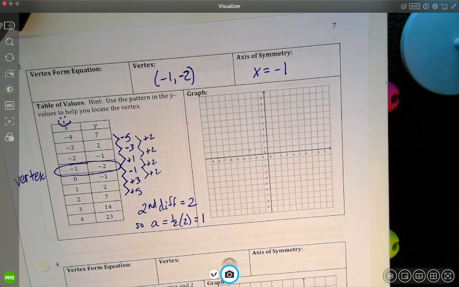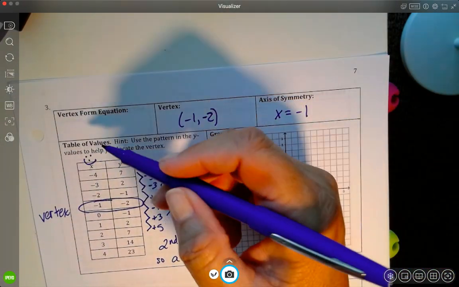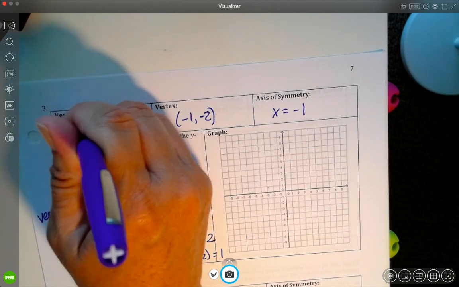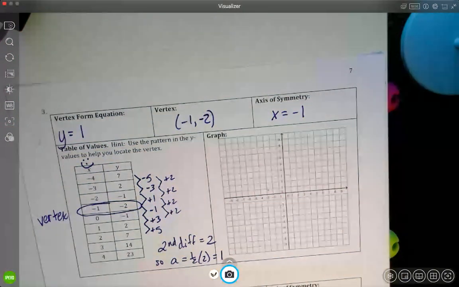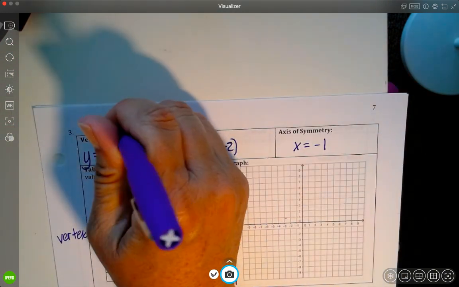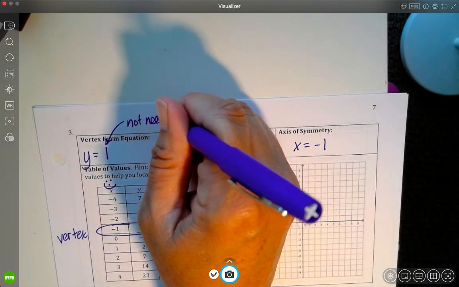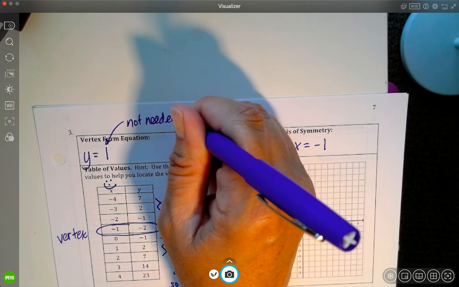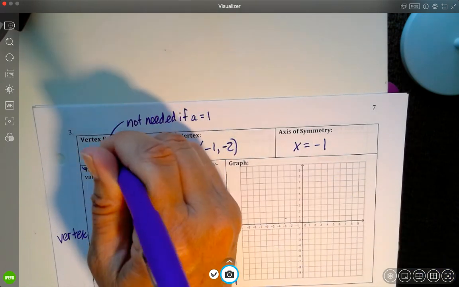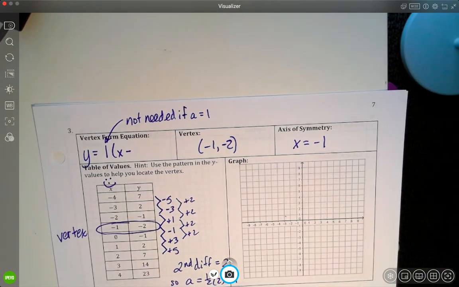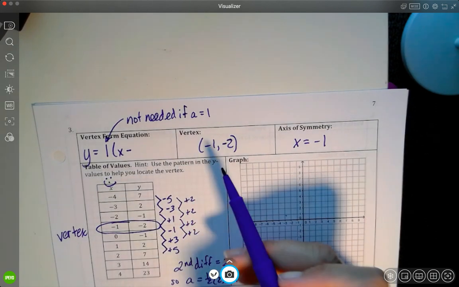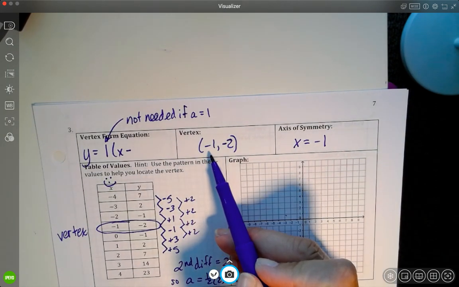Okay, so when I write my equation, I need to put y equals, I could put 1 here for A, but really this 1 is not needed. If A is 1, you just assume that it's 1. And then x minus, okay, my h is actually -1.